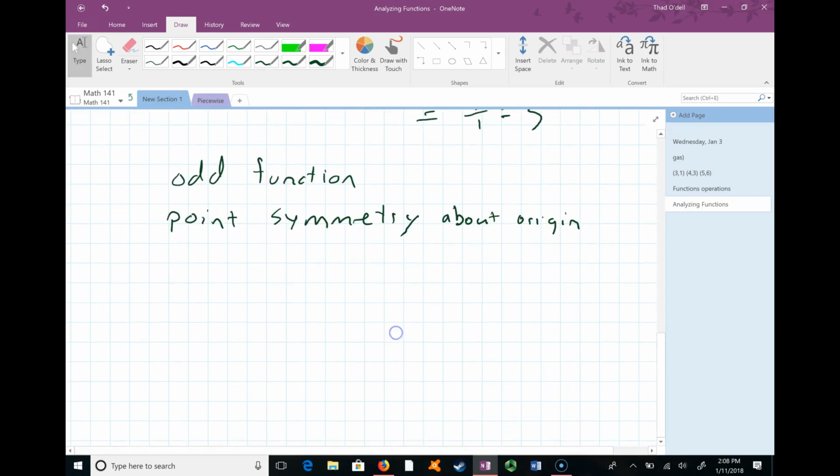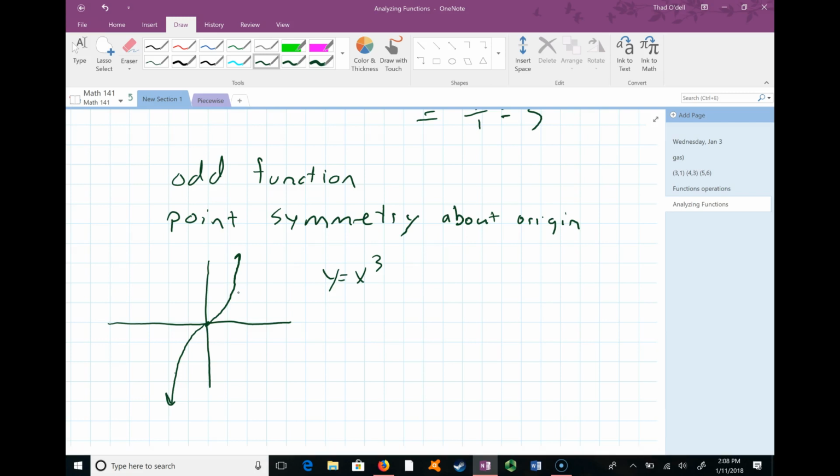So for example, the graph y equals x cubed is an odd function because it looks like this. So notice if you take this, put a little spinner, a little pin there, and spin the graph 180 degrees, this piece here would go down there, and that piece would go up there, and you wouldn't even be able to tell that it spun.